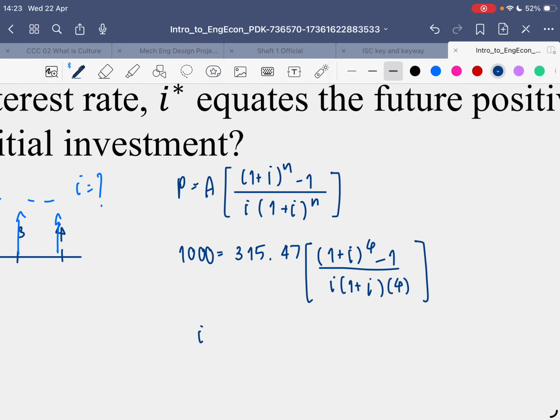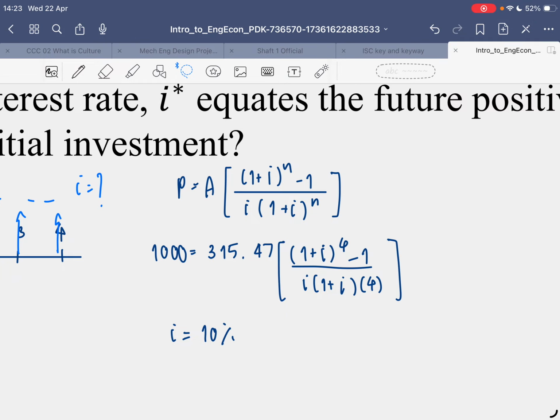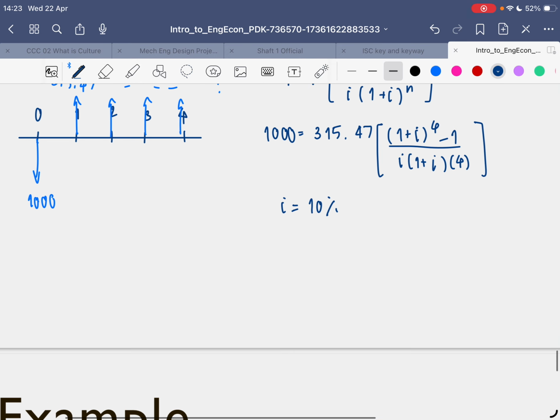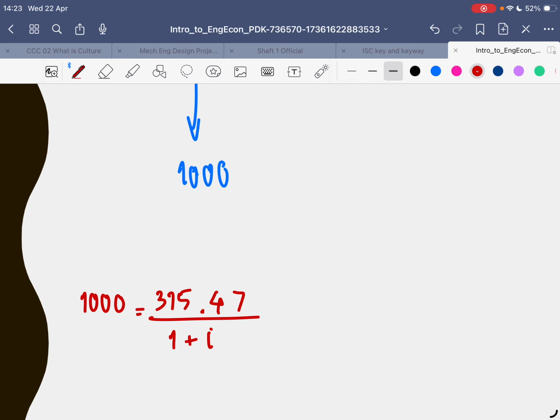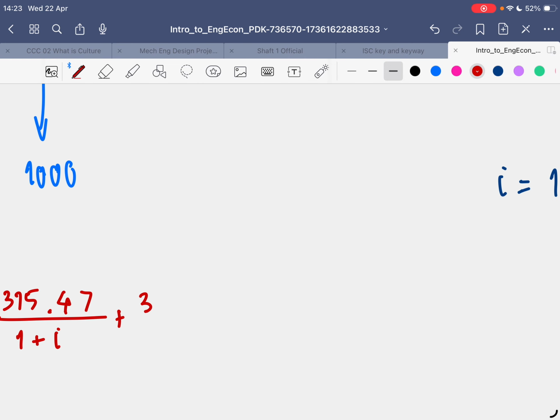If you want to do it in the harder way, you can do it like this as well. You can set NPV equal to, you can set like 1000 equal to 315.47 divided by 1 plus I plus 315.47 divided by 1 plus I to the power of 2 plus 315.47 divided by 1 plus I to the power of 3 plus 315.47 divided by 1 plus I to the power of 4.